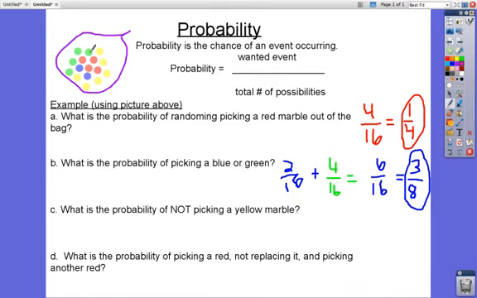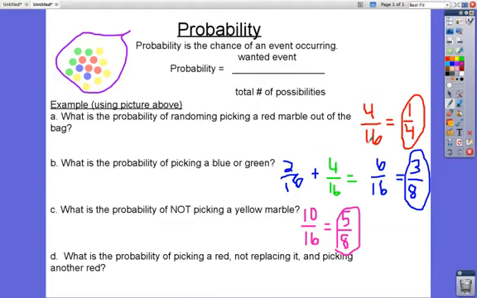So we have 4 green plus 4 red, which is 8, plus 2 blue, so that makes 10. So we have 10 out of 16 possibilities. Again, reduce. The only number that goes into both is 2. So it reduces to 5 over 8. So you have a 5 in 8 chance of picking a color that is not yellow.